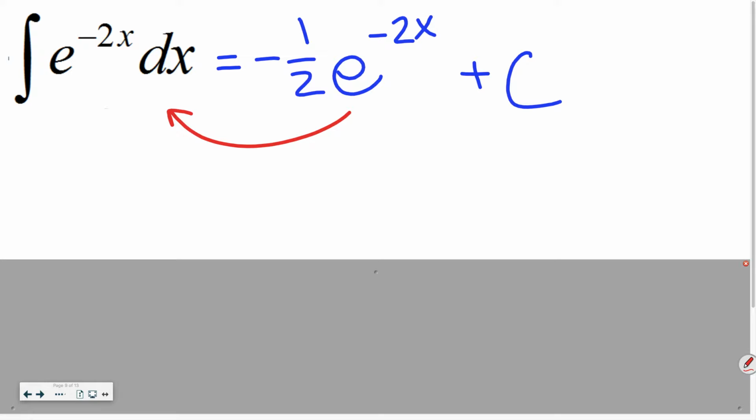So to counteract that, we need that negative 1/2 out in front. You can check your work. If you take the derivative of this, do you get e to the negative 2x? As long as we have that negative 1/2, that would be good. Okay?